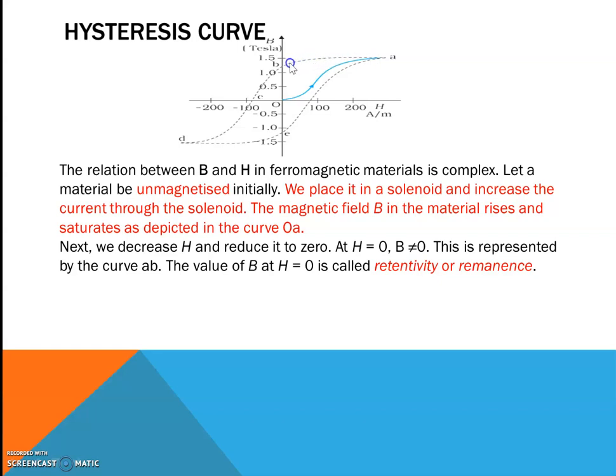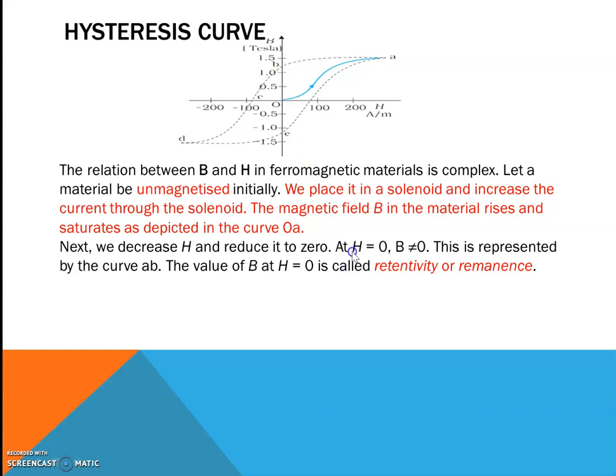When we reach 0 value of H, that is zero magnetization, the magnetic field induction is at this point B. It is a non-zero quantity, which is more than 1 Tesla in the figure.